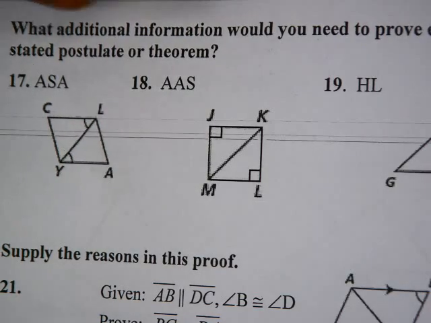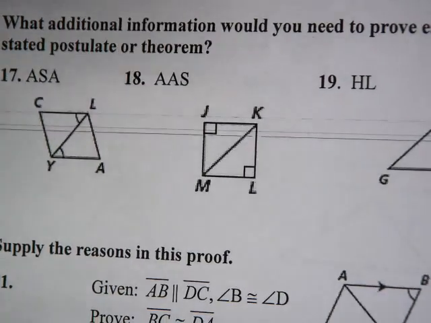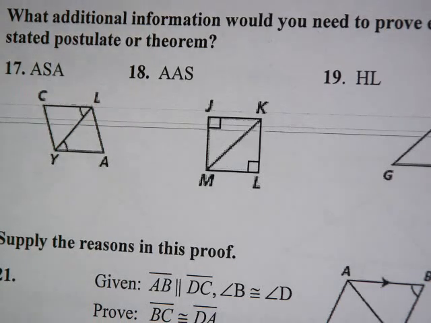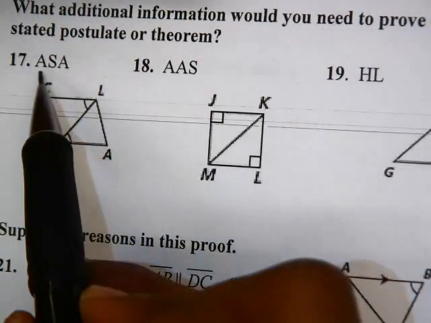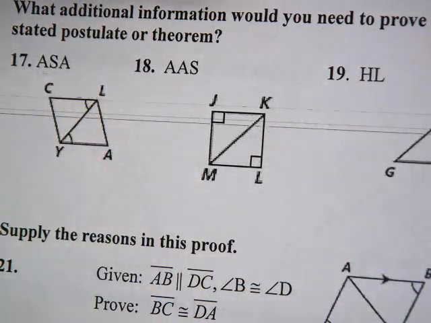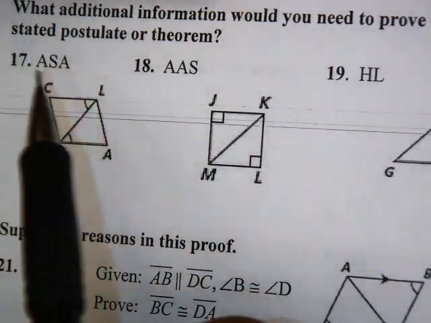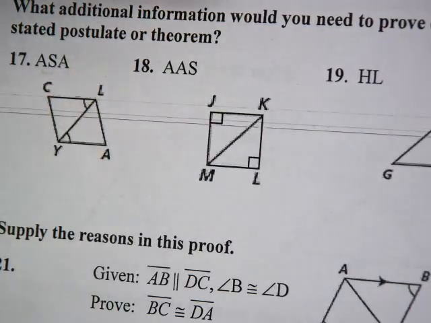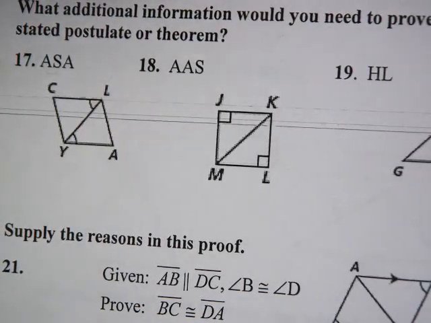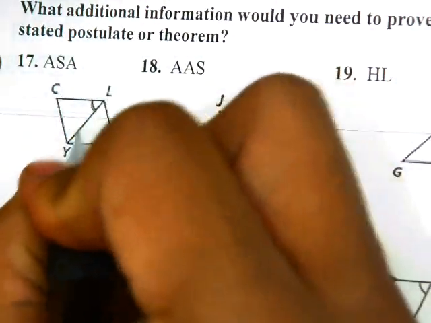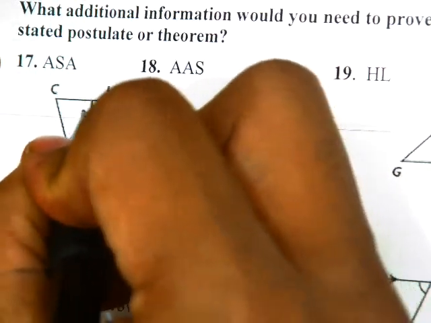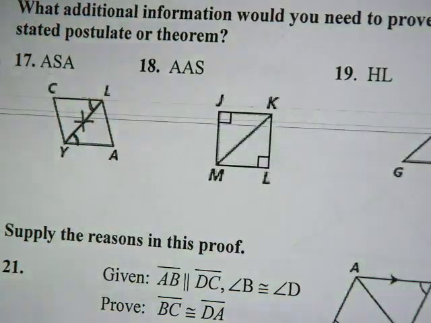Okay, so in 17 to 20, I need to say what extra information I need to know to prove these triangles congruent by these things. So I need to prove that this needs to be by ASA. So to use ASA, I need two pairs of angles on the side. I already have one pair, and I also have this pair. LY is congruent to LY by reflexive.